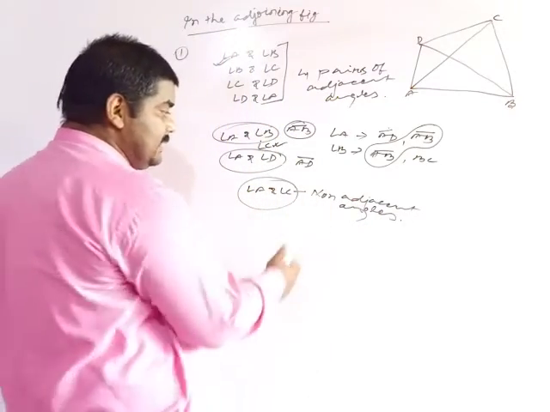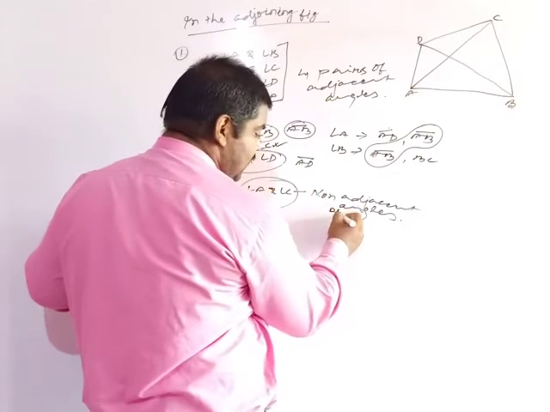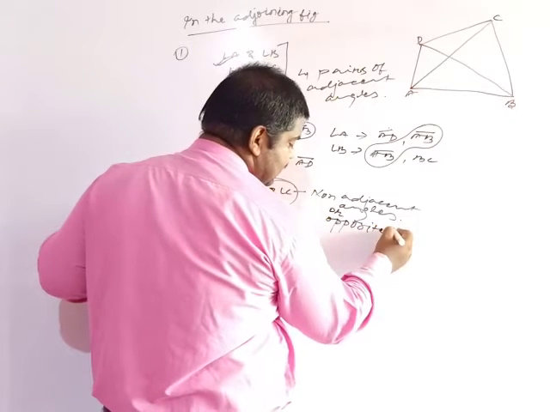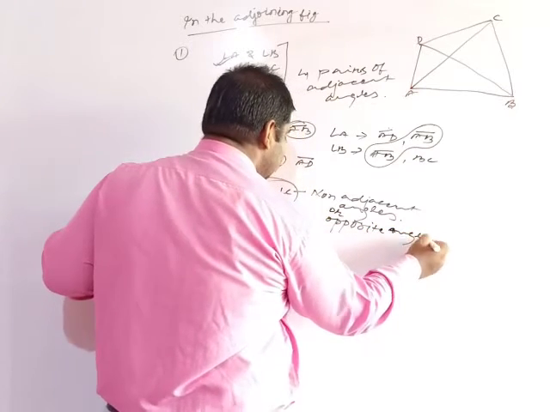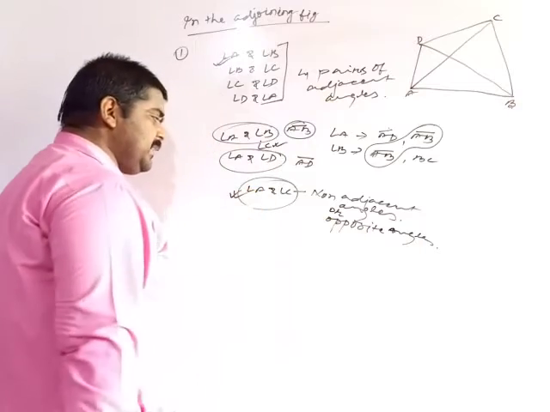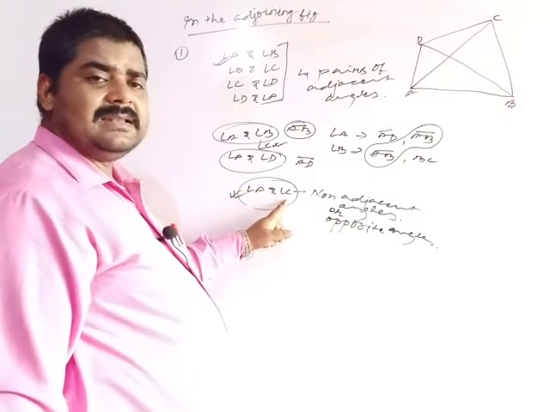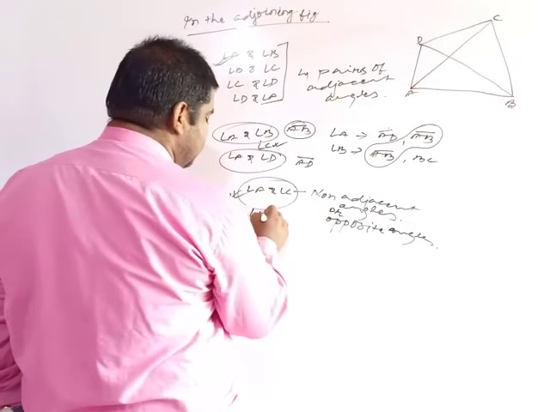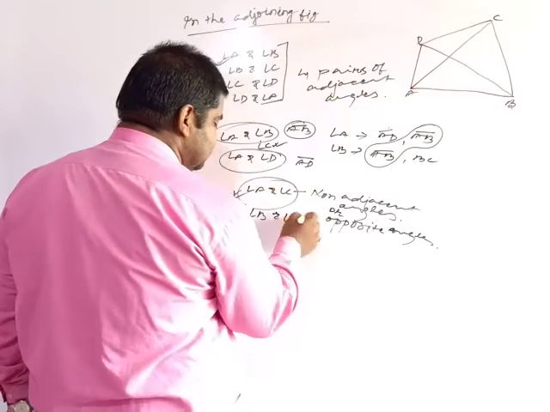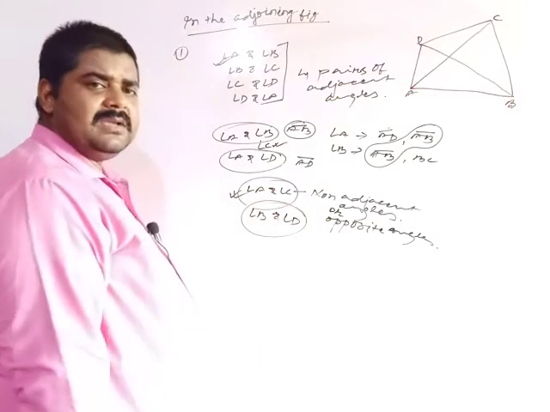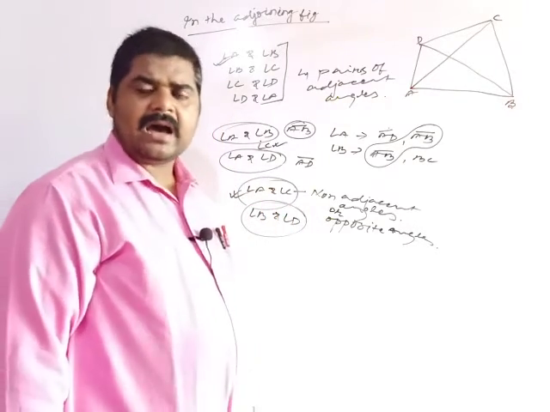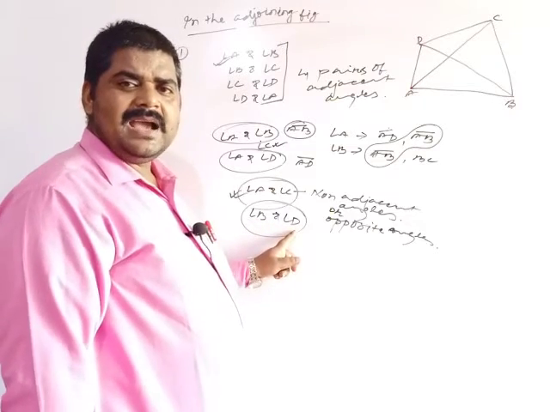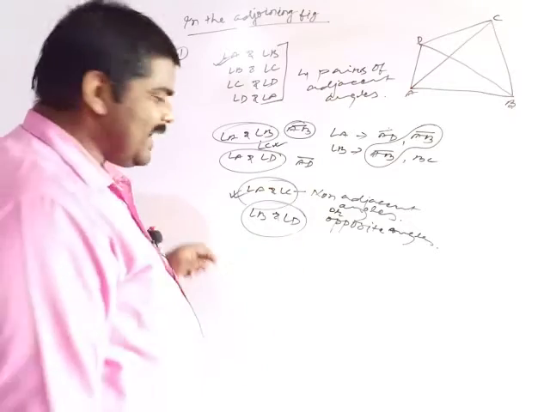Non-adjacent angles are also known as opposite angles. So the first pair is angle A and angle C. Similarly, you can explain for angle B and angle D. Since B and D have no common arm, angle B and angle D are known as opposite angles.